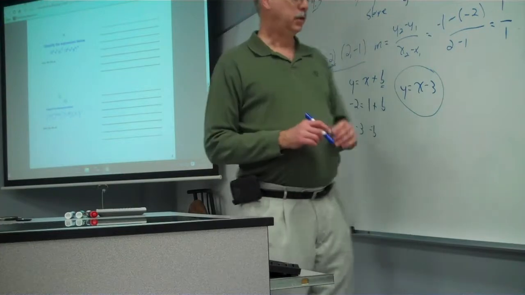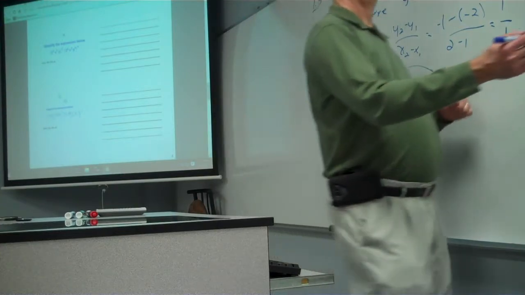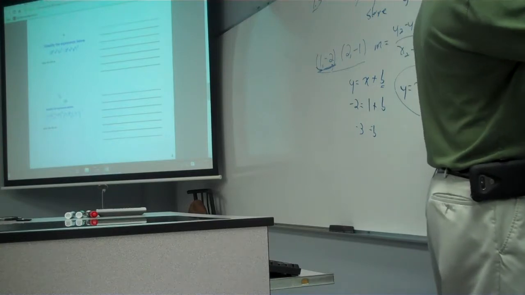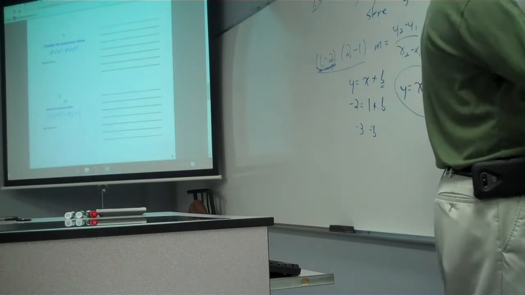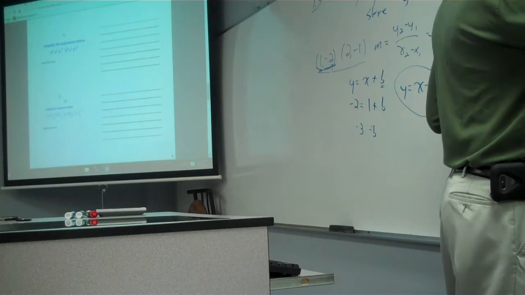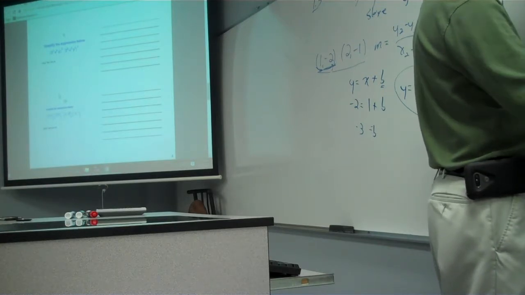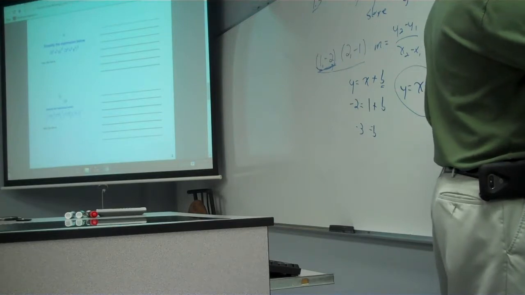So we need to remember, what if we've got x to a power times x to another power? What happens with the powers? We add them. If we've got x to a power raised to another power, we multiply the powers.